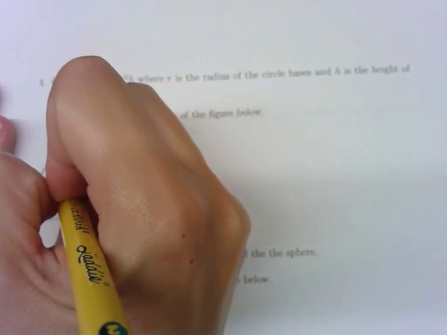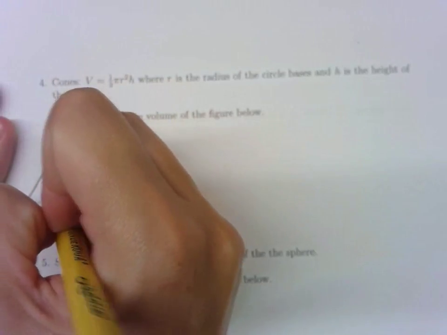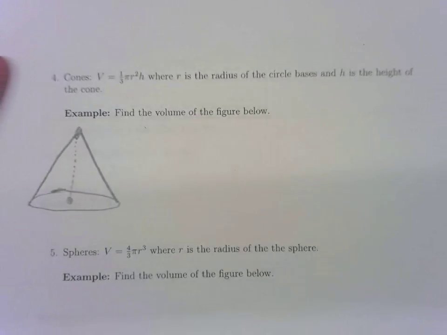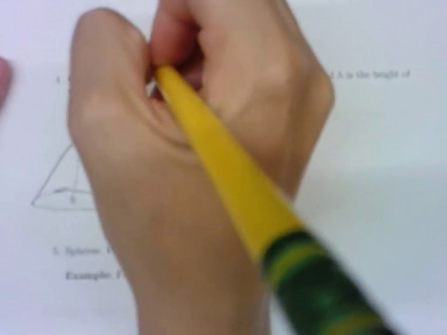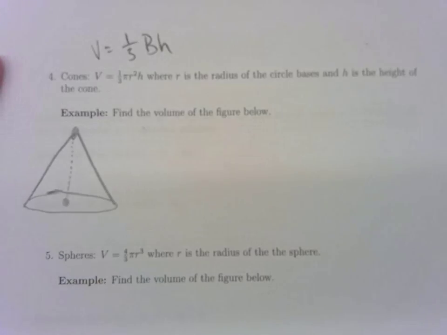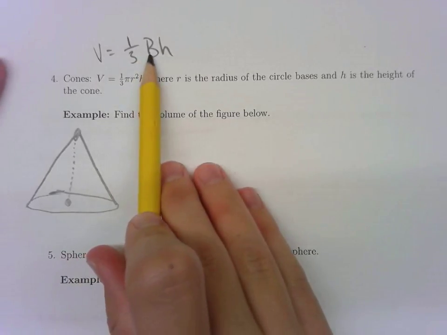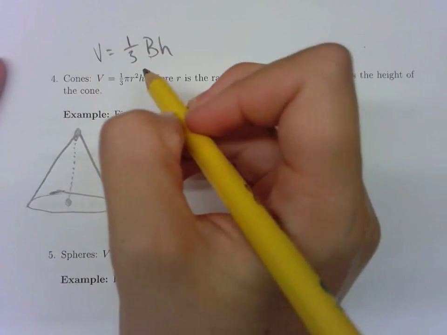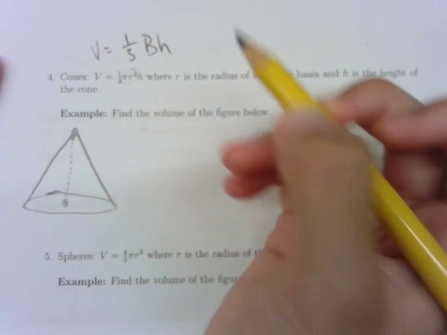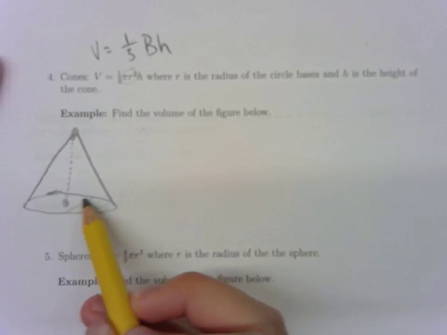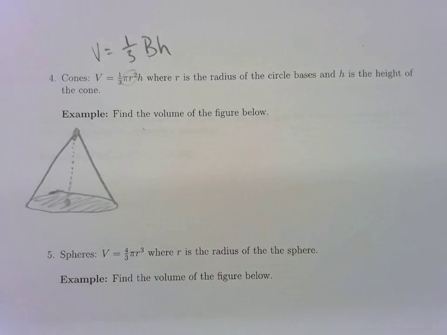This is going to be the height. Notice this is the same as volume for a pyramid was 1/3 capital B times H, where B is the area of the base. We'll notice that this pi r squared is the area of a circle. So for cones, we're really not learning anything else. It's the same formula as for pyramids, except we have a different base.